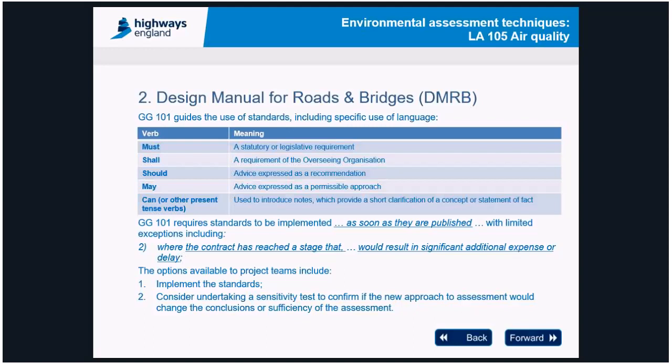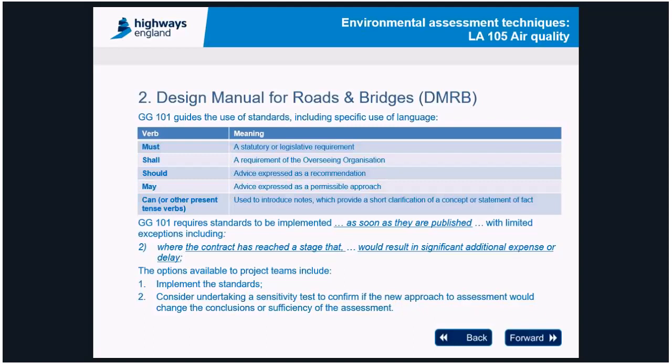As far as implementation of these standards goes, GG 101 requires that all standards are implemented as soon as they're published, with the exception of where a contract has reached a stage that would result in significant additional expense or delay.